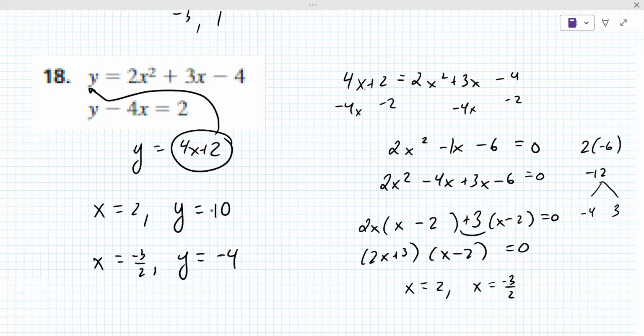You got it. Good. Okay. Do you feel like you better understand the method of substitution? Yeah. Okay. So on to elimination.